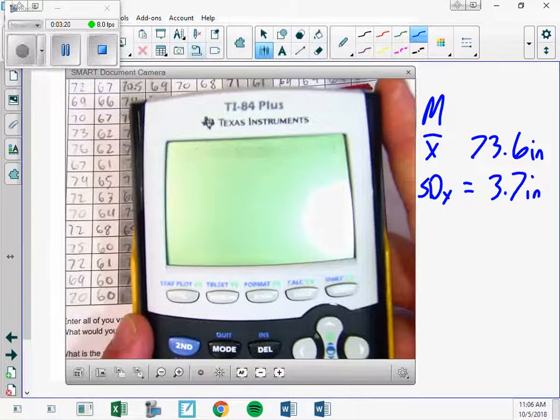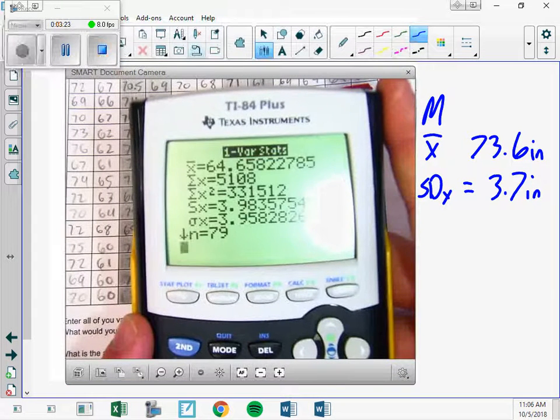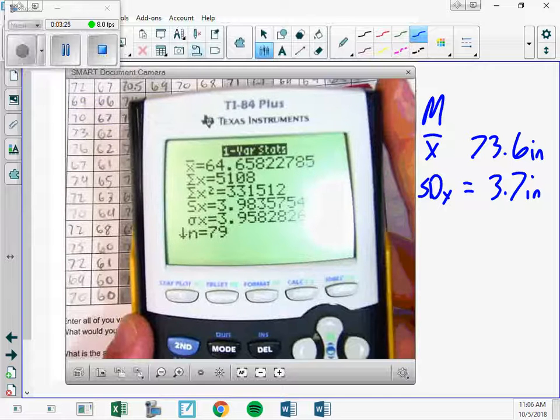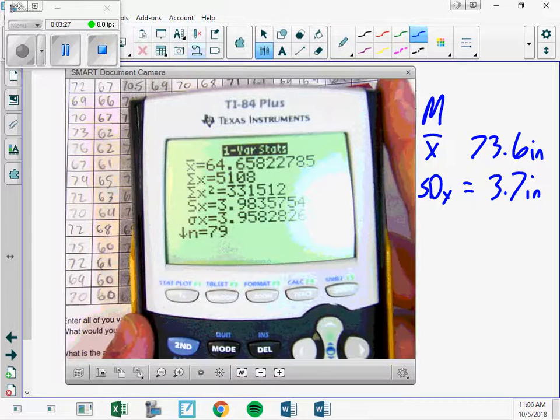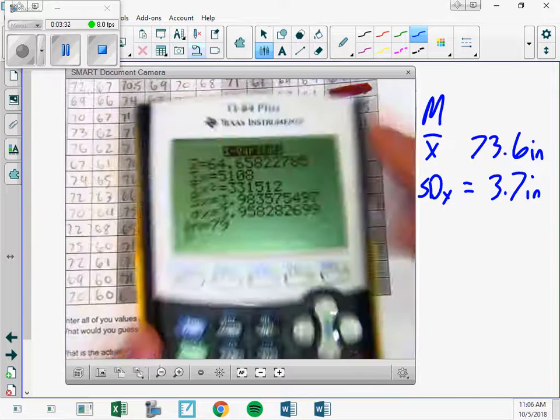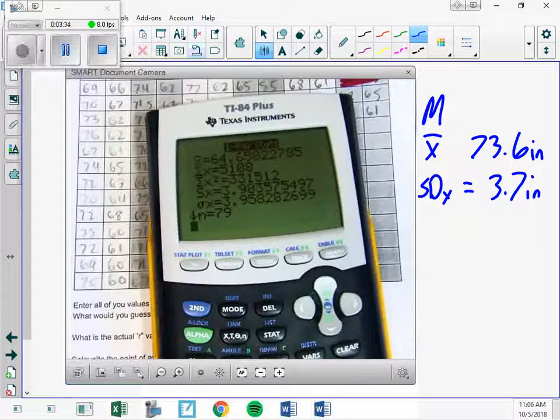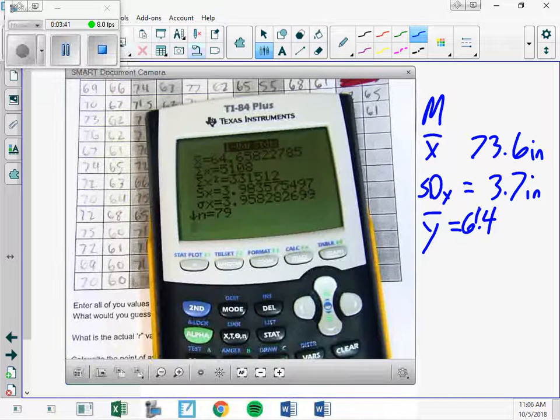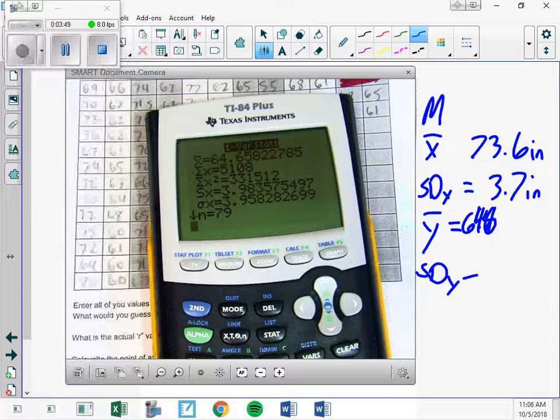And this says X's, but they're actually Y's. So my Y bar is 64.6, and my standard deviation is 3.9. Okay, so Y bar is 64.6. And my SDY is 3.9.